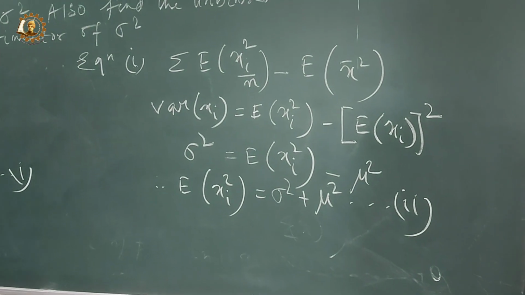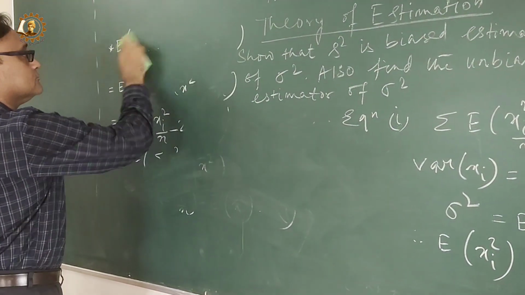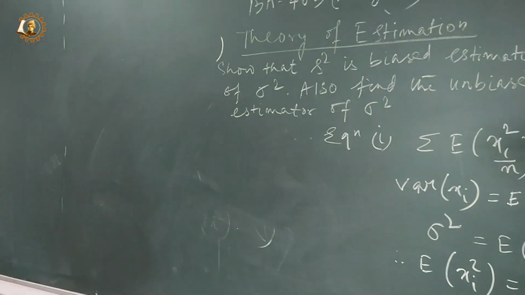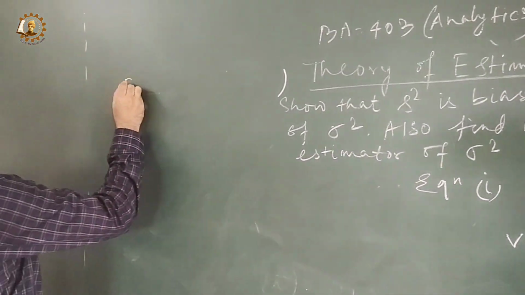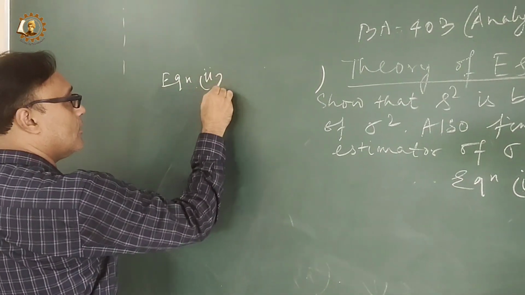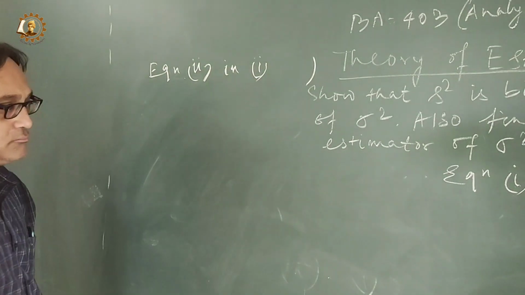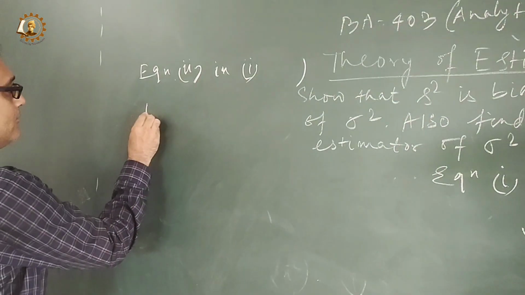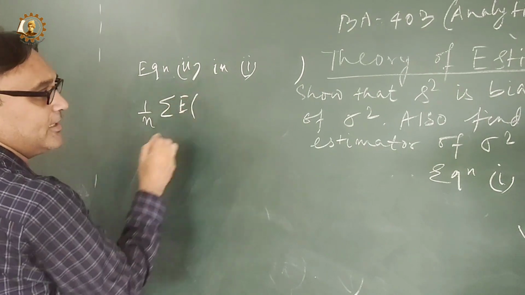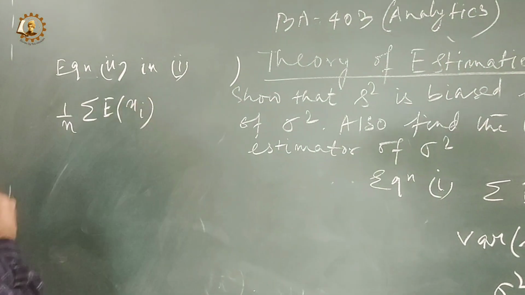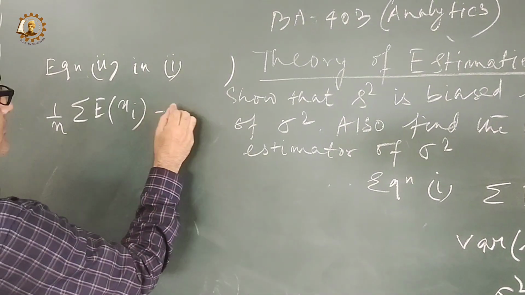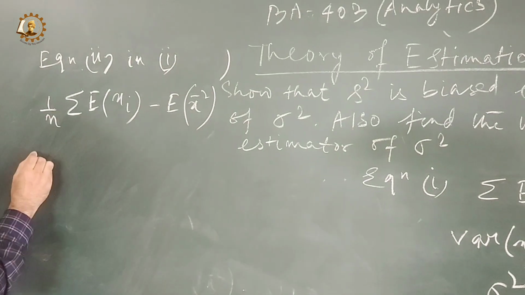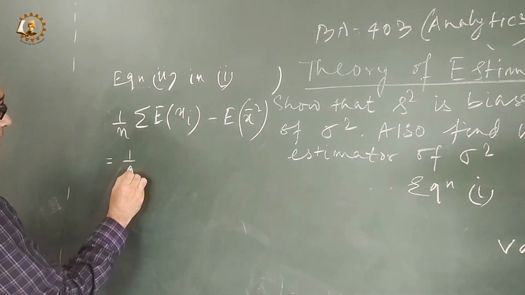Okay, now if we put equation 2 in equation 1. Okay, what is the equation 1? The equation 1 is 1 by n summation of E of xi square minus E of x bar square. So this will be equals to 1 by n.